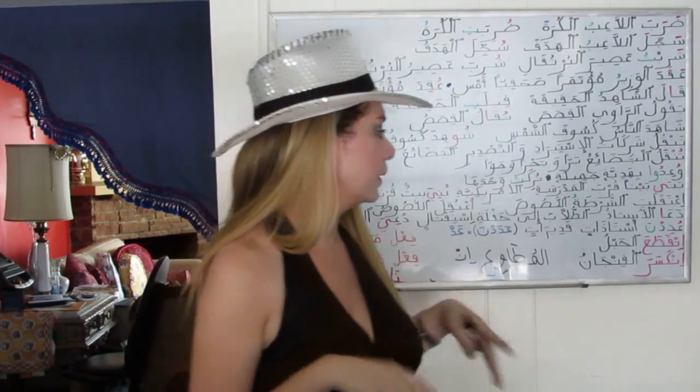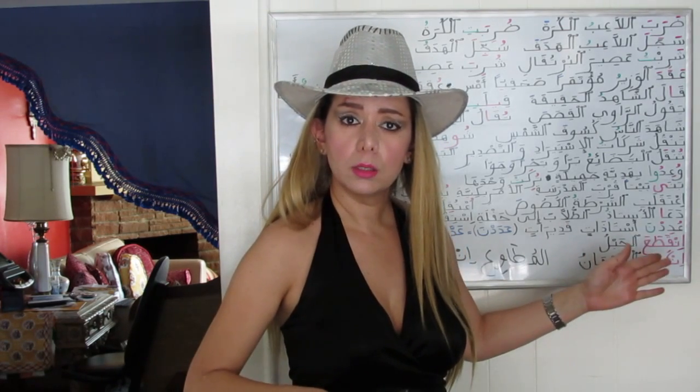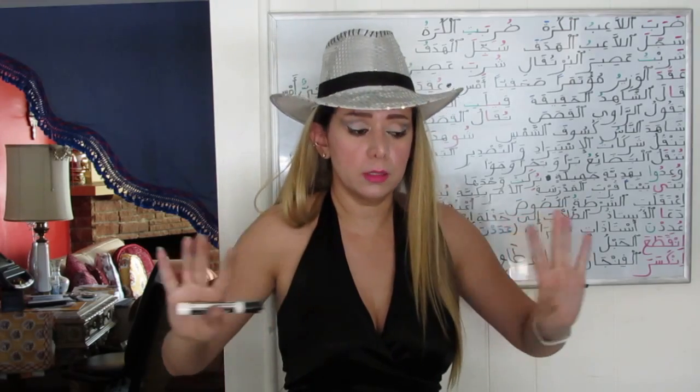For example, انقطع الحبل. The rope was cut off. Who did the cutting? We don't know. I am innocent, you are innocent, everybody's innocent. It just happened. The nature did it. If you don't have anybody to blame, just blame the nature. Okay?